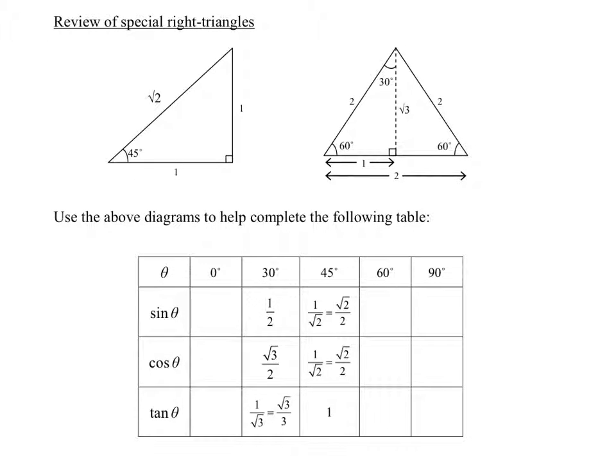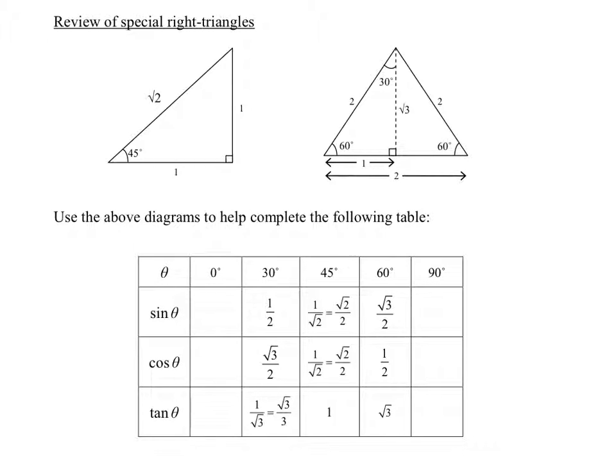Okay, what you should have when you do that: sine of 60 degrees is going to be this side divided by this, opposite over hypotenuse. This side is now opposite the 60. So you should have something that looks like this. Cosine is going to be a half, and tangent is going to be, instead of root 3 over 3, just root 3 over 1.